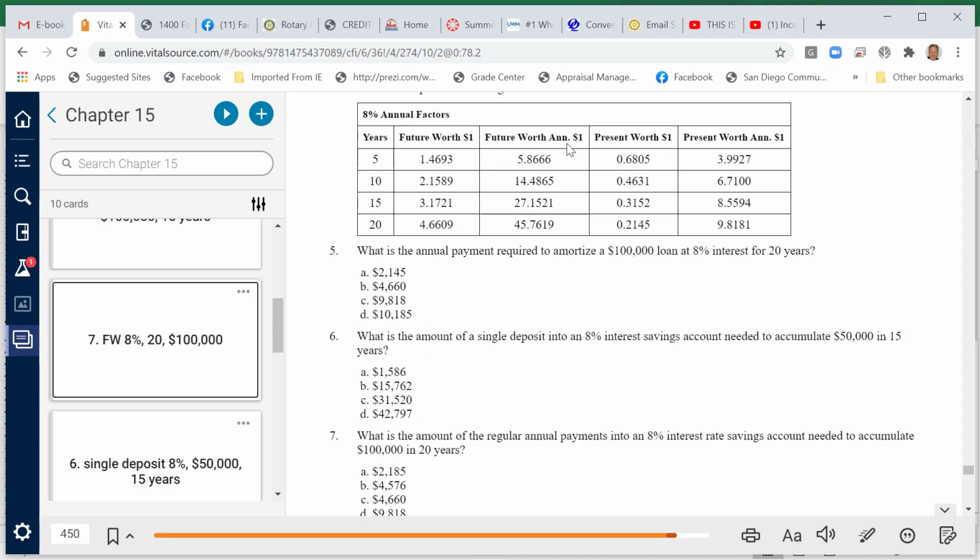So I'm going to go up here, future worth of an annuity, because it's regular annual payments. And if I want to find out how much the payment is over that period at 8% for 20 years, I divide my factor, 45.7619, into $100,000 and get regular payments of $2,185.